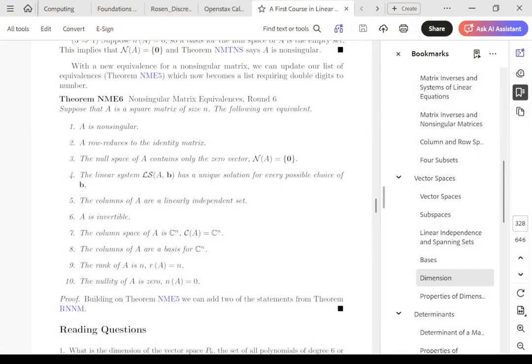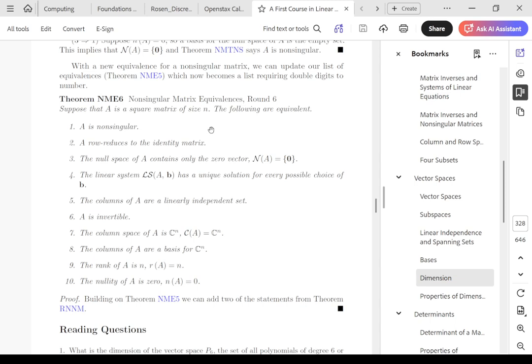Okay, so from our textbook here, before we've had 1 through 8 from previous sections, and now the last two come from this section: the rank of A is n if it's non-singular, because it row reduces to I_n, and the nullity of A is 0 since the null space only contains the 0 vector.